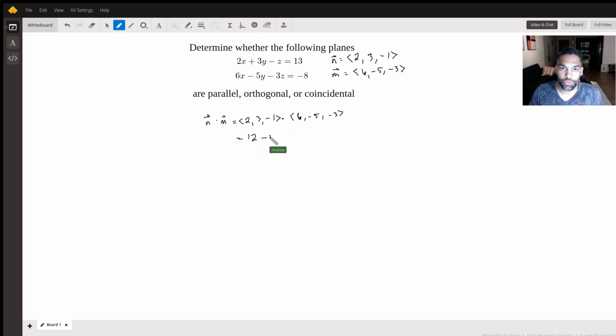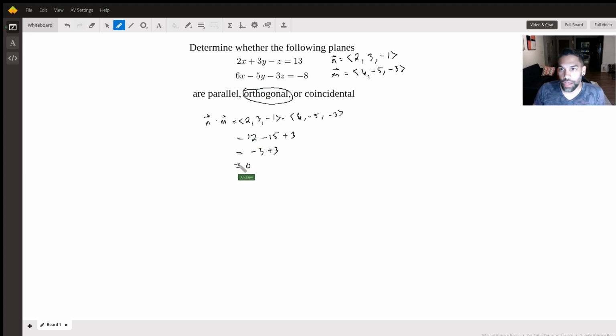Second components, we get -15, and the last components, we get +3. 12 minus 15 is -3, plus 3, which is clearly 0. So with this very quick and simple calculation, we have determined that the planes are indeed orthogonal, because the dot product of the normal vectors is 0. The answer is orthogonal.